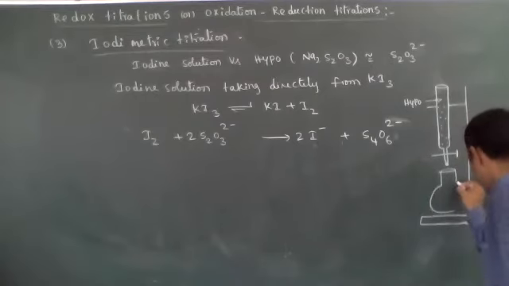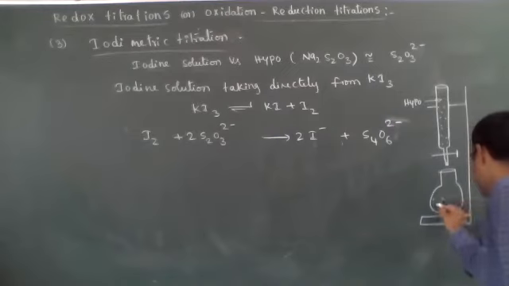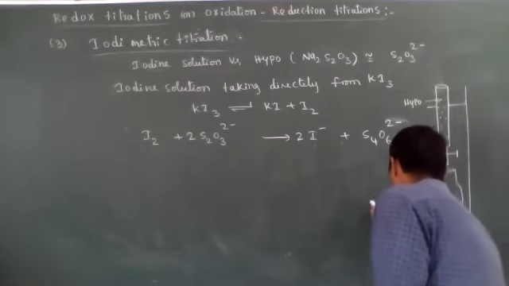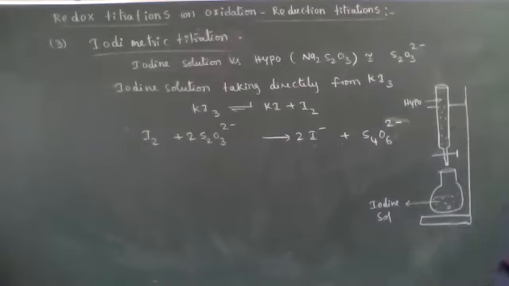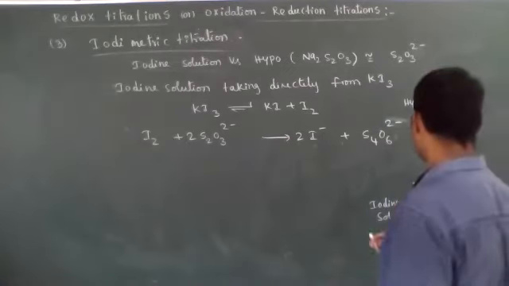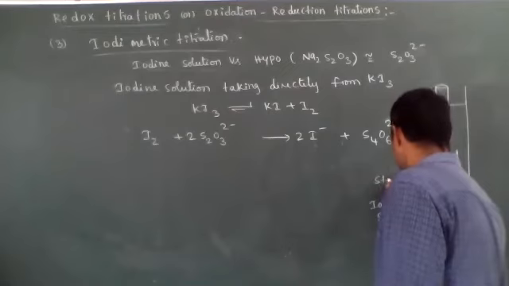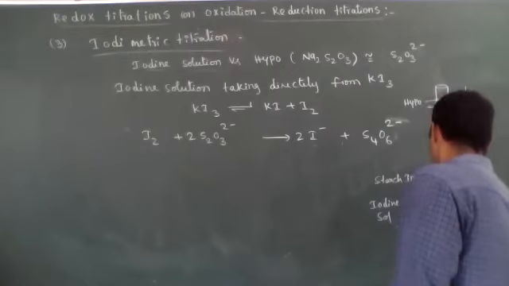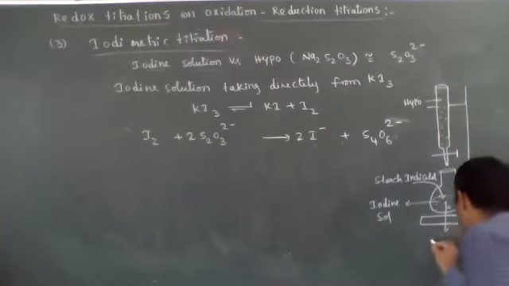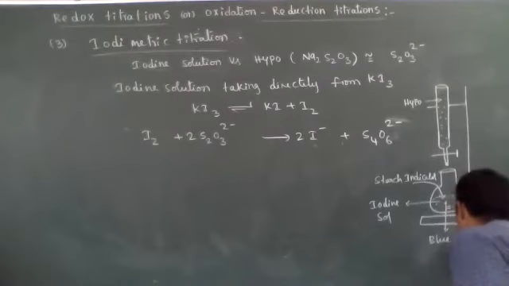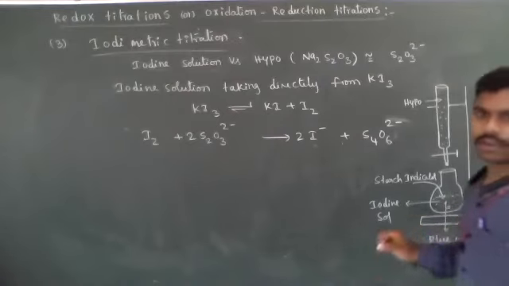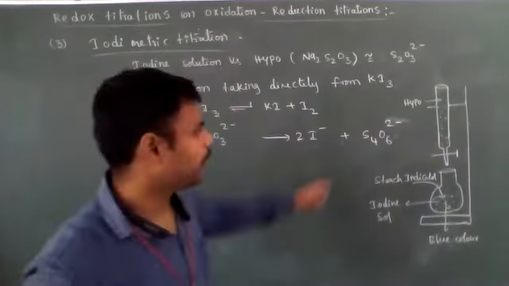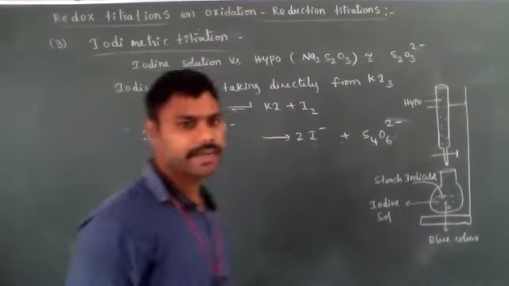Then in the conical flask we take iodine solution, then we add starch indicator. Immediately it forms a blue color. By the dropwise addition of hypo solution, the blue color will disappear.